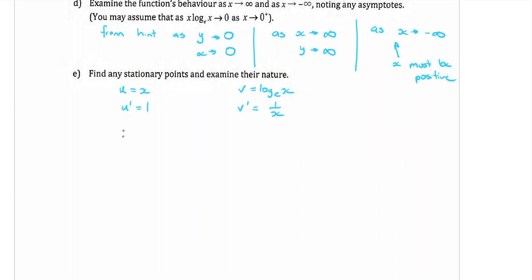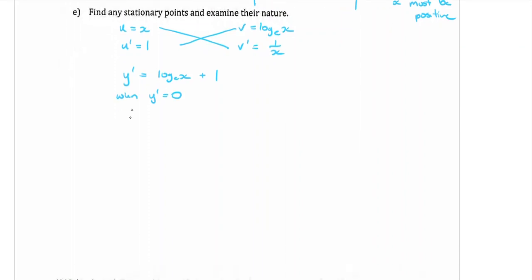Using the product rule, y dash equals v times u dash, so that's log e of x, plus x times 1 over x. The x's cancel, it's just 1. Because we want stationary points, I want my derivative equal to 0. So log e of x equals minus 1, moving the 1 across.